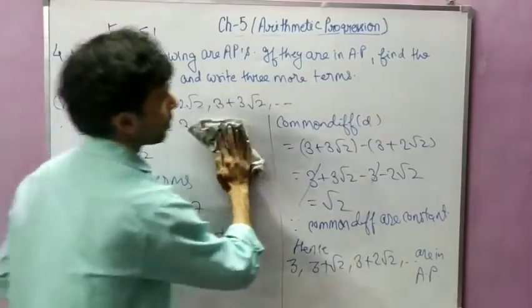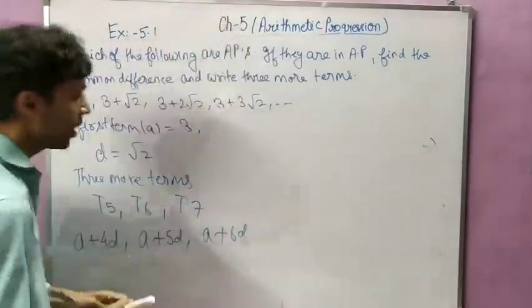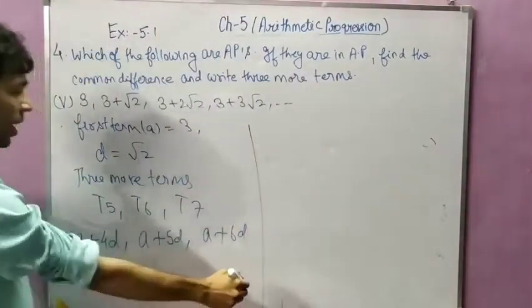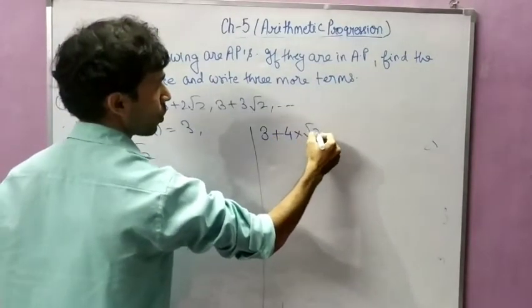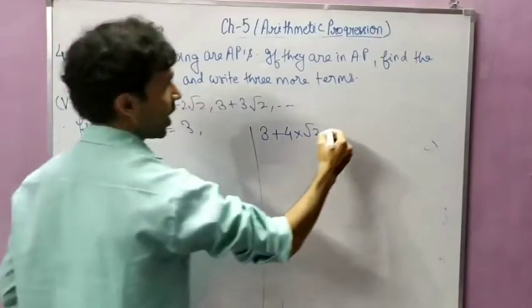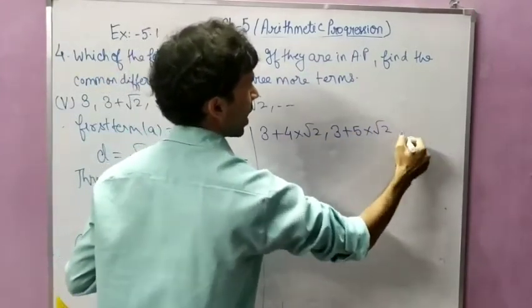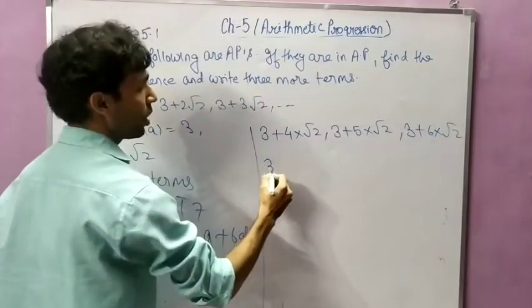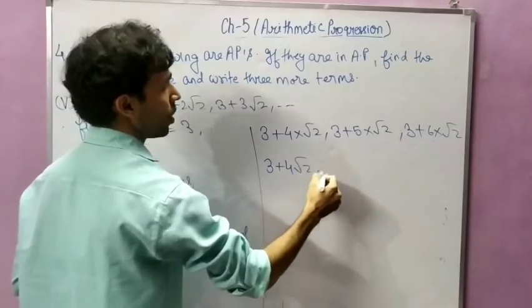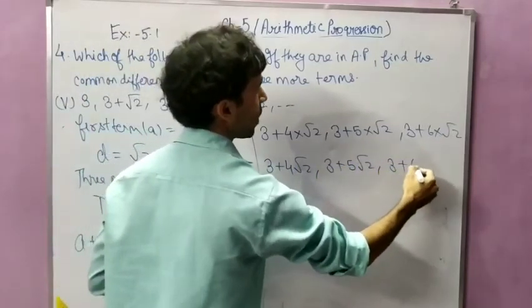Okay. So put all the values of A and D here. The value of A was 3, D is root 2. So it will become 3 plus 4 root 2, 3 plus 5 root 2, and 3 plus 6 root 2.